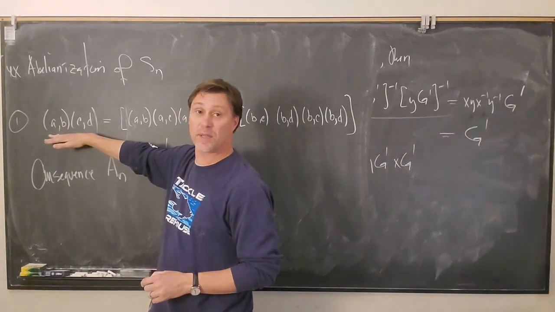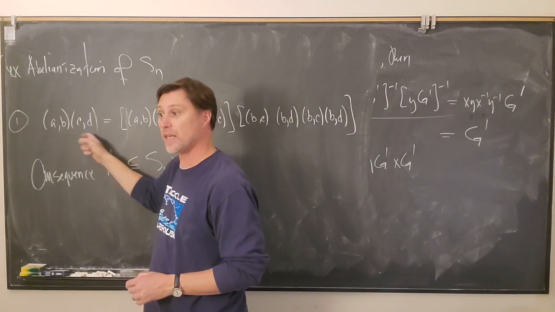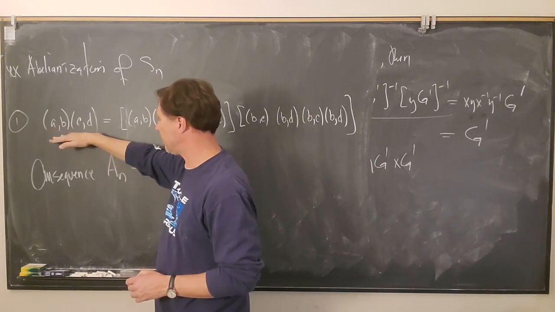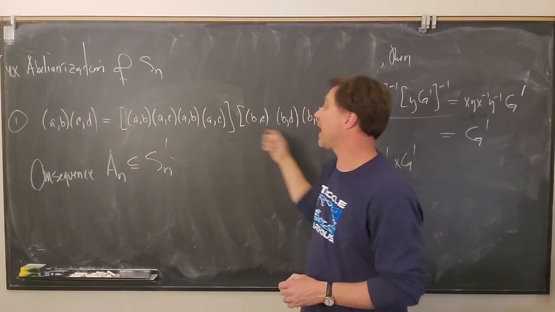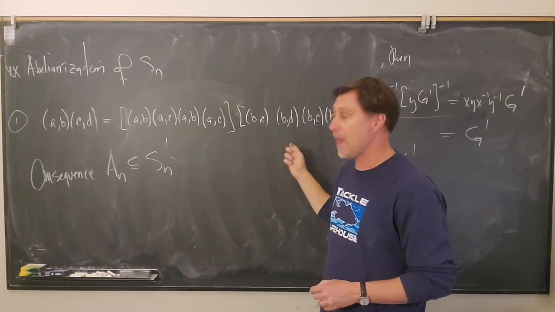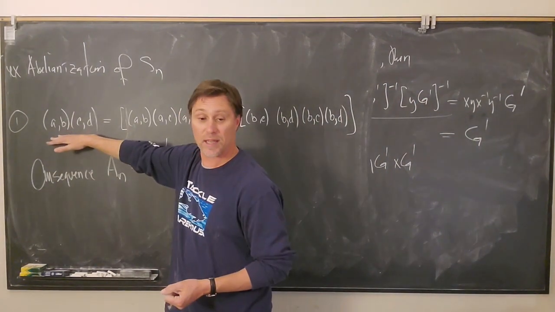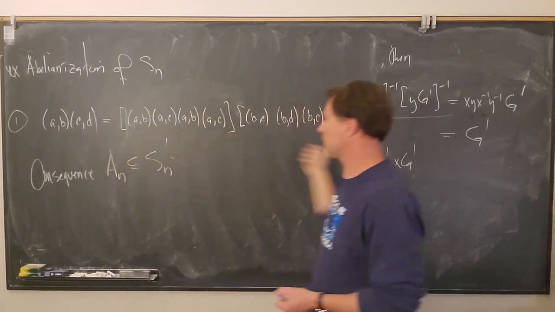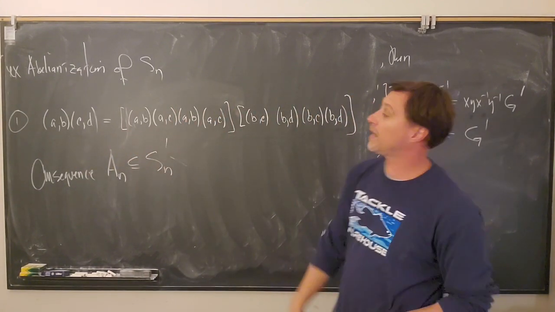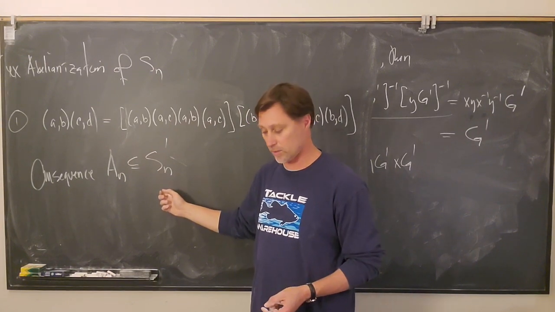This is an even permutation, the product of two transpositions. It can be expressed as a commutator, which means it lives inside Sn prime. Since every even permutation is a product of things like this, every double transposition can be written as a commutator. That shows us that every even permutation can be expressed as a product of commutators.